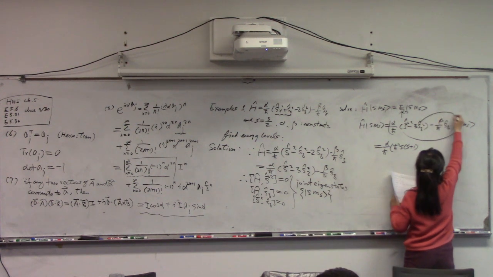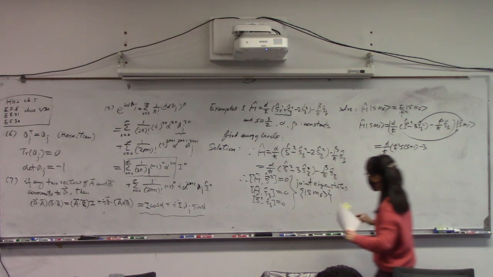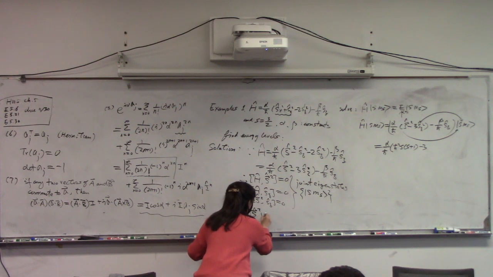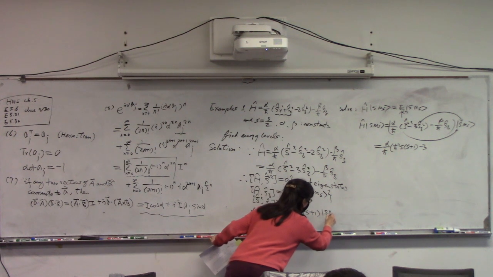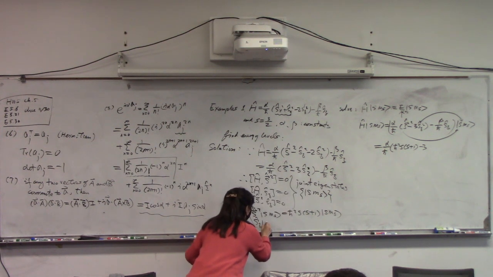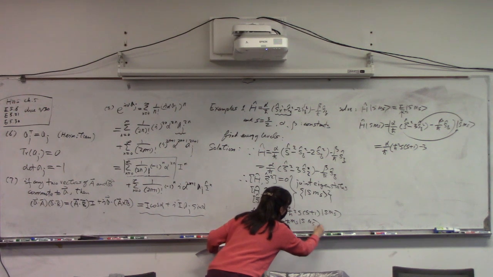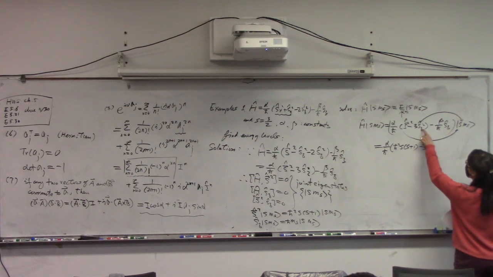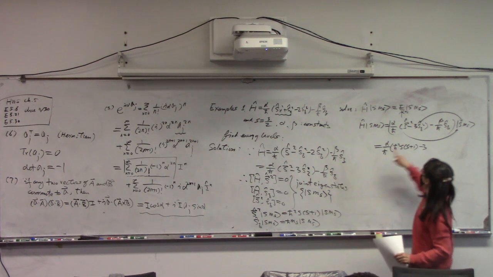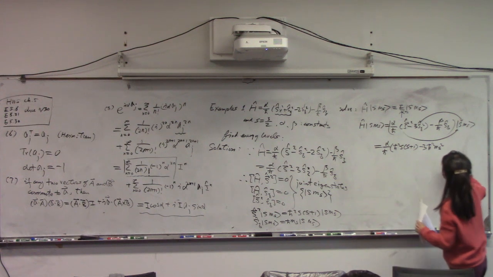And then this one is minus 3 Sz squared. Just to remind you, S squared gives h bar squared S(S+1) and Sz gives h bar Ms. So Sz is applied twice.